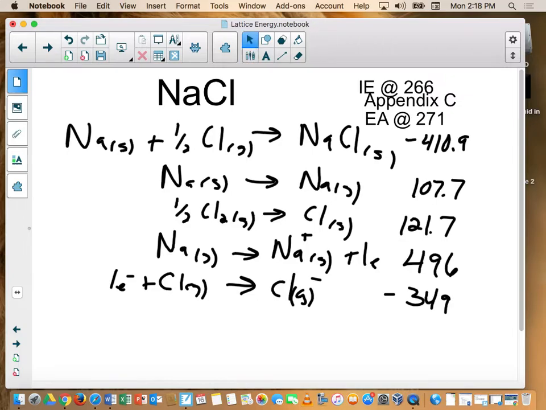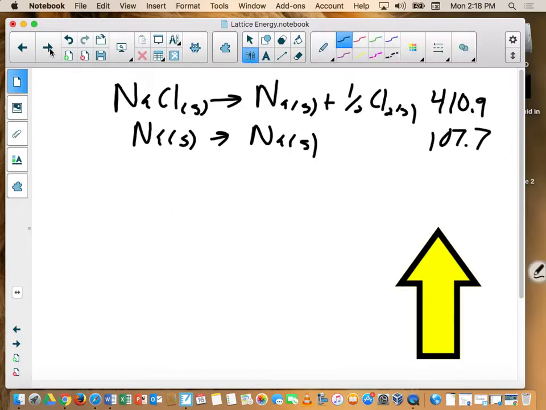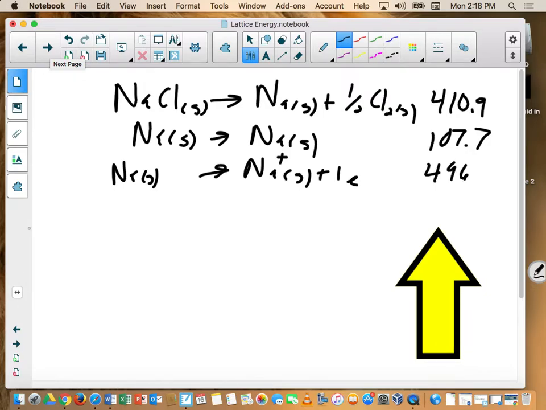So we take Na gas, which is going to go to Na plus gas ion plus 1 electron, and that is 496 kilojoules per mole. Okay, so at this point, my Na solid is gone, my Na gas is gone, we got an ion, that's what we want.